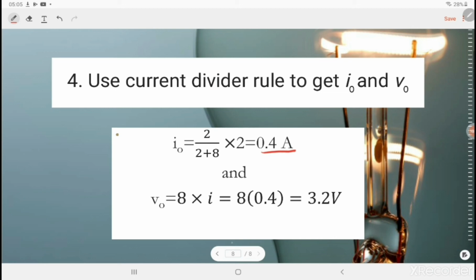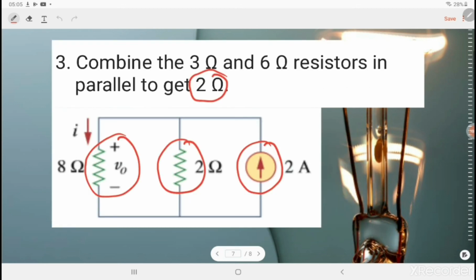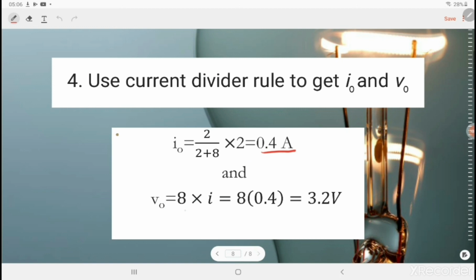By knowing the value of I naught, using Ohm's law, we can find the value of V naught, which is 8 times I, so 8 times 0.4 equals 3.2 volts. Therefore, V naught equals 3.2 volts.